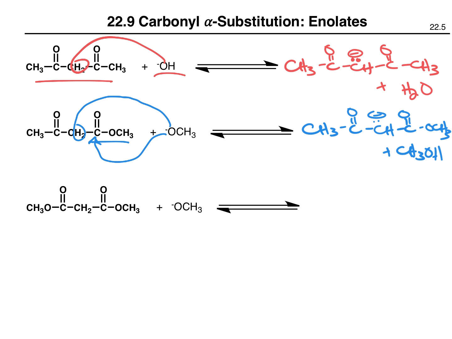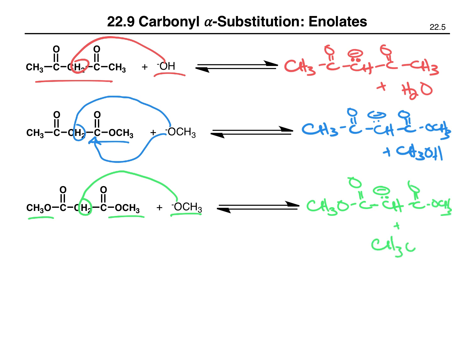And in the third example, once again, we have our base matching our ester. So when this acts as a base, it can grab off one of these protons, giving us some of this enolate plus methanol as the conjugate acid.